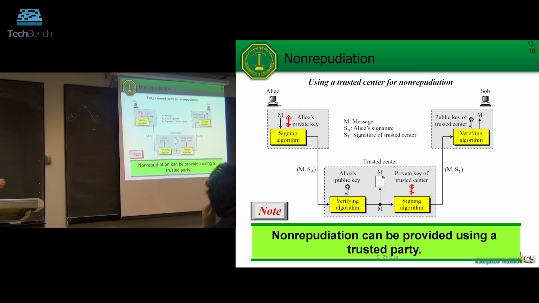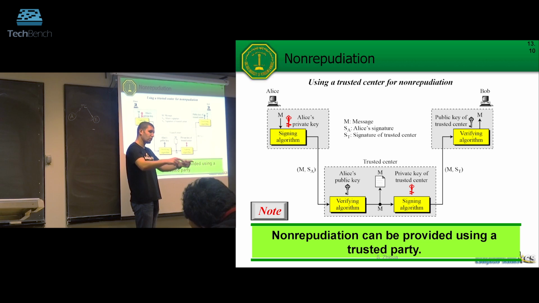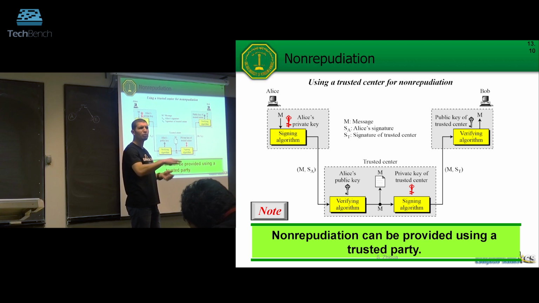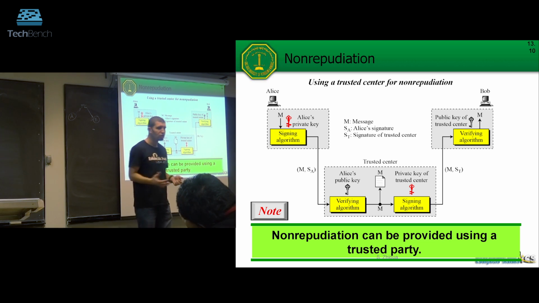Doctor, the trusted center, what is it in the real world? If you need to guarantee non-repudiation in some network, it might be the gateway or an administration host in the network. In a more general, larger context, it would be some server, some website.